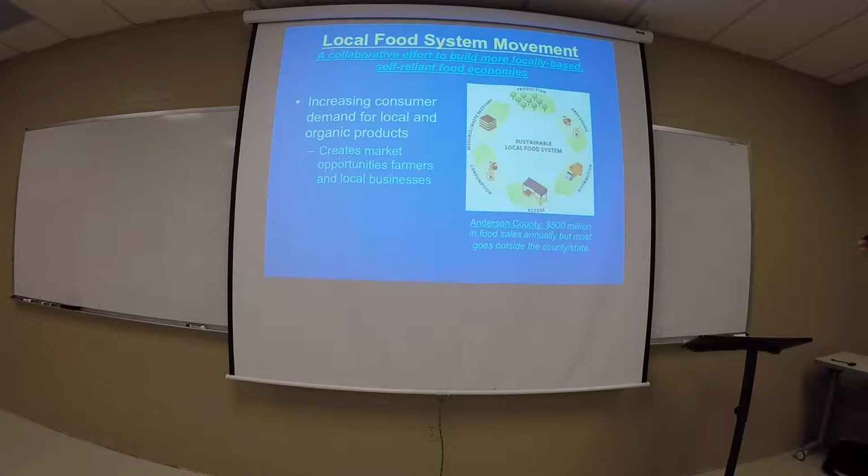Some people say there's a 400-mile limit for a true local food system. There's a lot of talk about what constitutes a local food system, but in general people are saying that all this should occur in the same region.